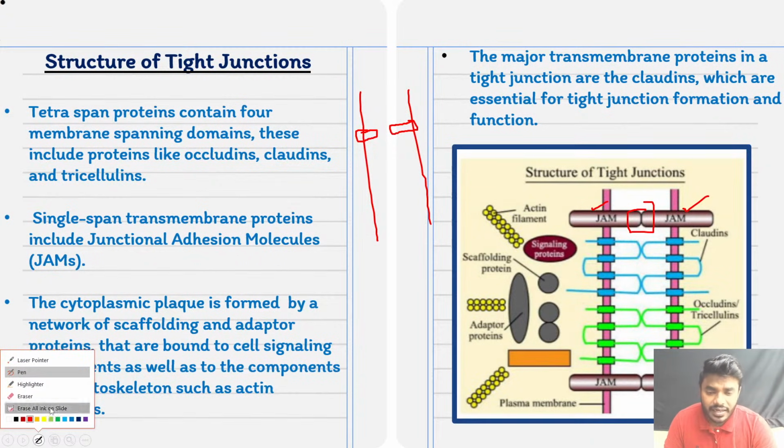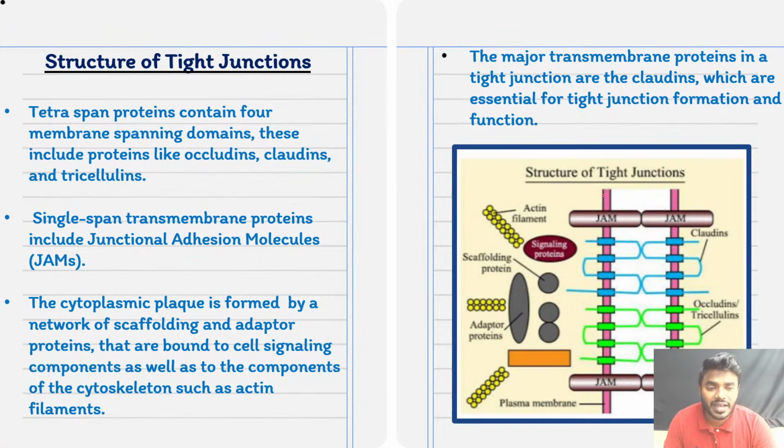Not only that, you all have to remember that the tight junctions can also be associated with many kinds of cytoskeletal proteins. What kind of cytoskeletal proteins will the tight junctions majorly be associated with? Of course, with the actin filaments. Everyone listen.